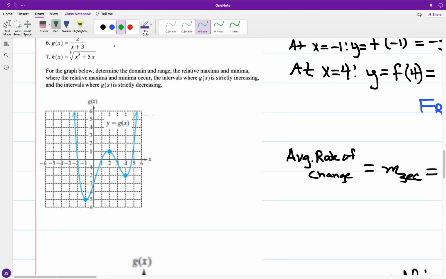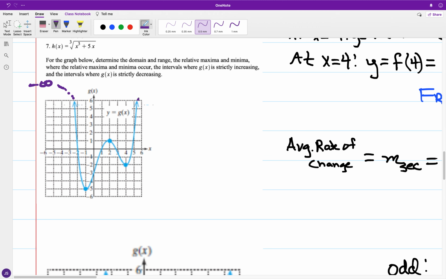Now, for the domain and the range: the domain is in reference to the x values. So for the domain, you're looking at your x values. The graph goes continuously out toward negative infinity, and the other arrowhead indicates the graph continuing slowly to the right toward positive infinity.